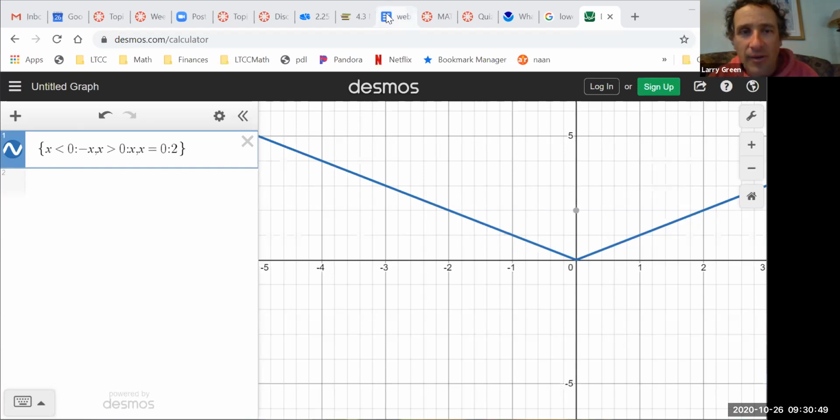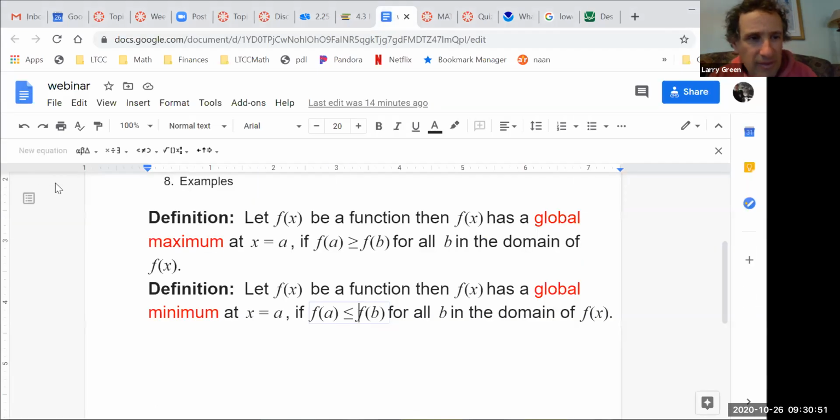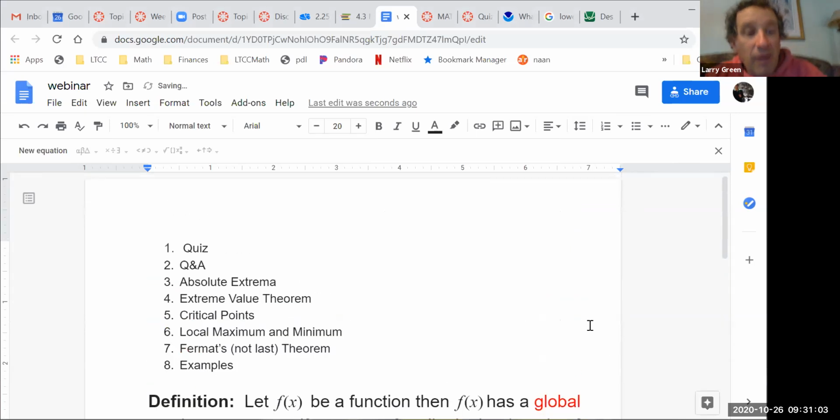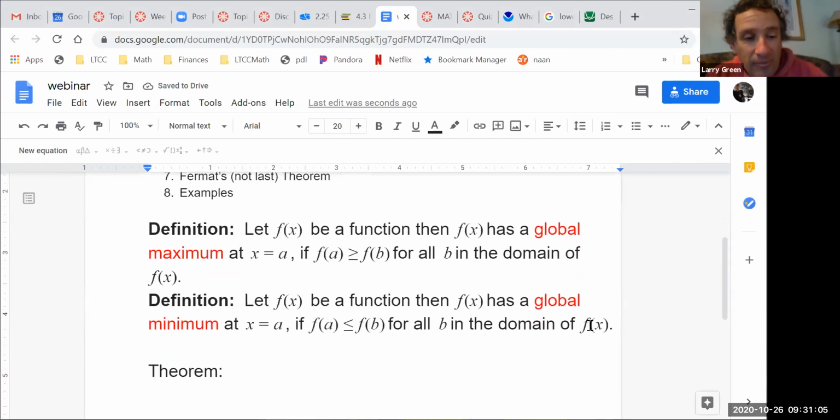So let's write that out. Okay, and by the way, this is the extreme value theorem.